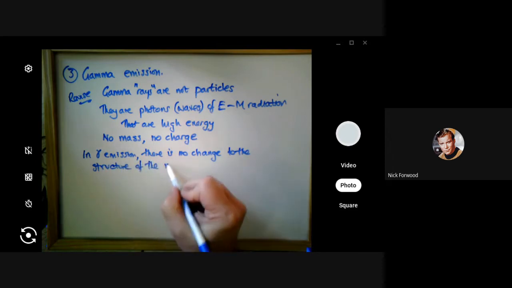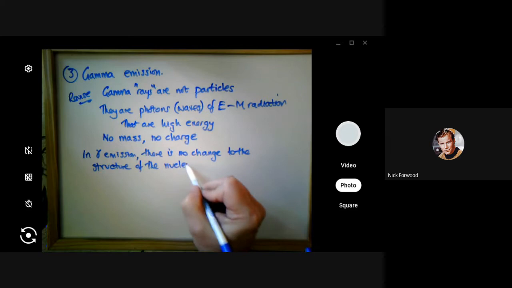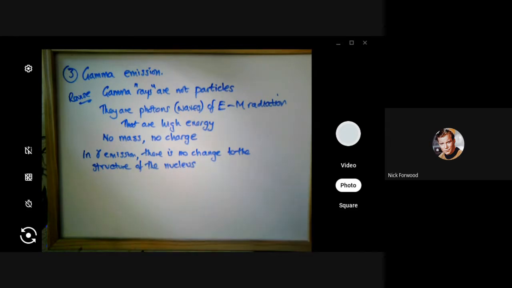So what do I mean by the word structure of the nucleus? I mean that before and after gamma emission, there's no change in the number of protons, no change in the number of neutrons. The only thing is we've got rid of some energy, and the nucleus settles down into a lower energy state and becomes a little bit more stable.